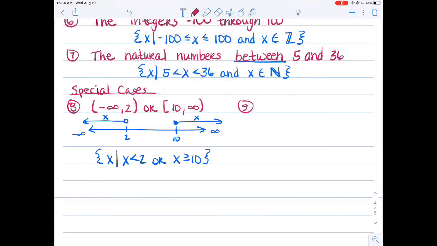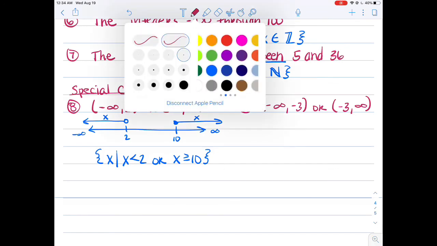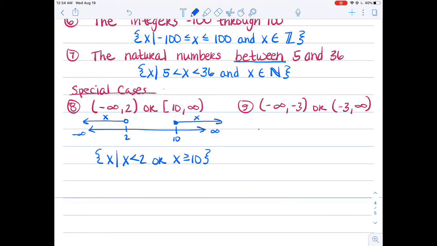Example 9. We're going to go from negative infinity to negative 3, or negative 3 to infinity. Now wait a second. We've got like the same point twice. We have negative 3 in both of these. So let's think about what that would look like on a number line. I know that I've got negative infinity over here, positive infinity over here, and somewhere in between is negative 3.